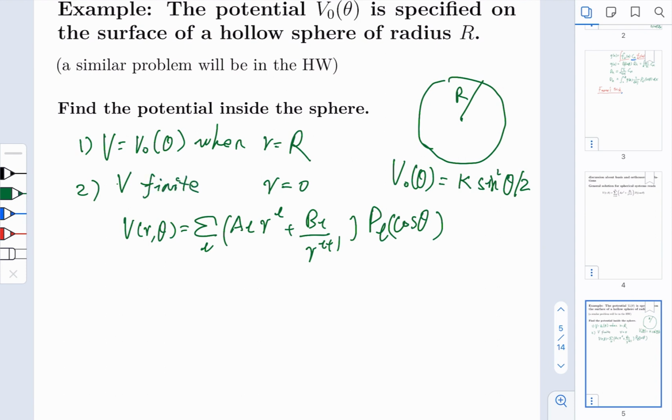If it diverges, then this is problematic. So now let's apply the second boundary condition first. If we apply this, then this term is gone. So the V is only made of a single term with coefficient A_L.